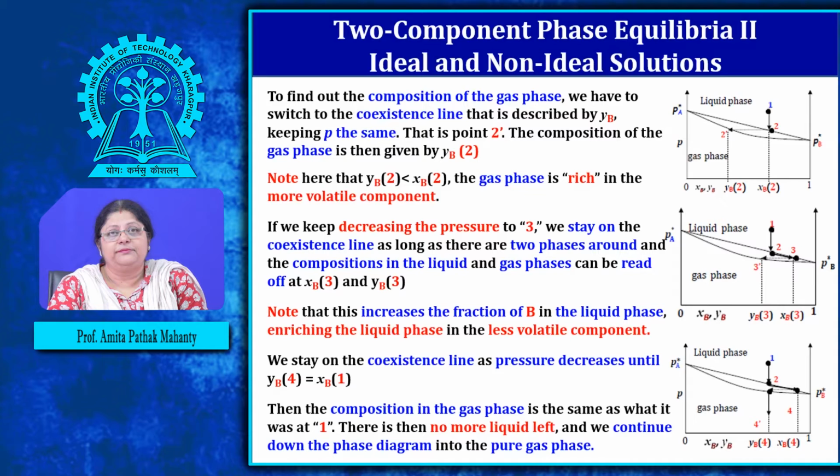Suppose you are doing a distillation, and you are making a component which is less volatile richer in the liquid phase, and the more volatile one you are taking out. Suppose you have the process of collecting each of the mole fractions. This is what distillation is all about.